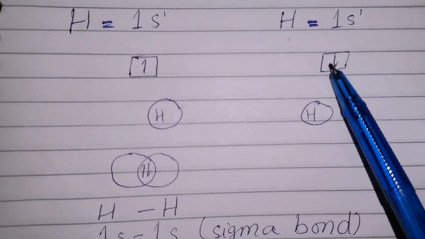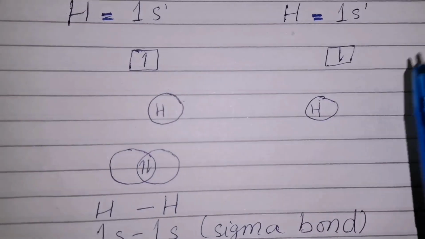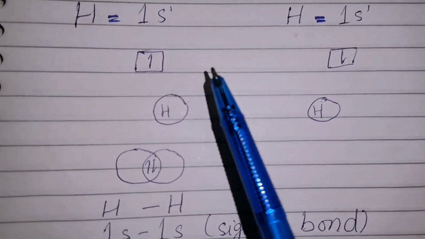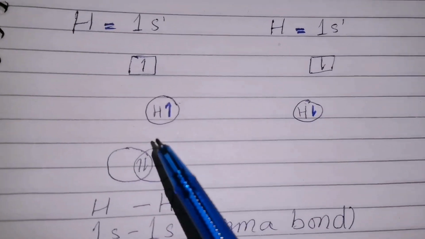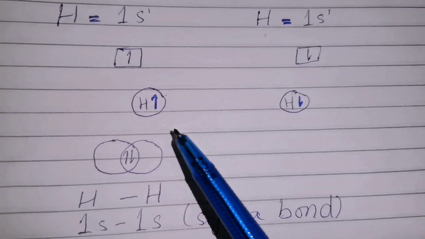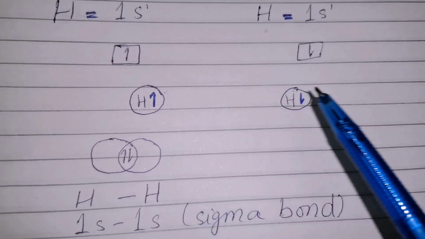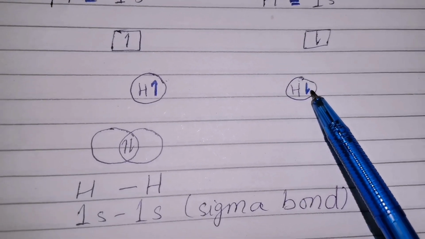We will draw one electron over here but with opposite spin, because for the overlapping we need half-filled orbitals with opposite spin of electron. We can also write it this way: we have one hydrogen, and the other hydrogen has one unpaired electron with the opposite spin.